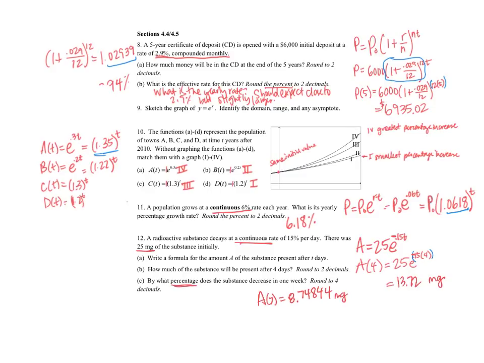It asked for by what percentage does it decrease. So then I'm going to take the amount at day 7 divided by the amount at day 0 and see what we get. So the amount at day 7 was 8.74844, and the amount initially was 25. And so I can compute that. And I got 0.3499.